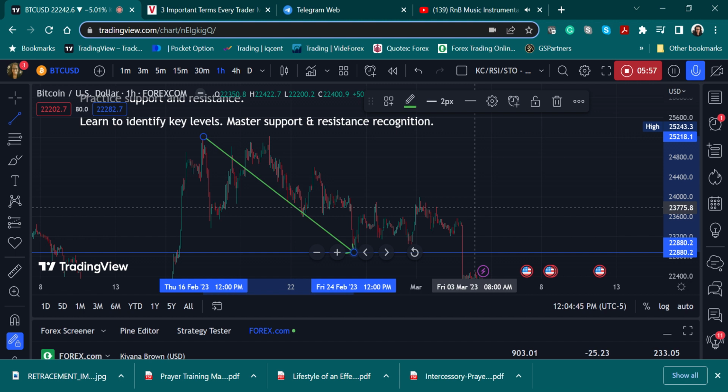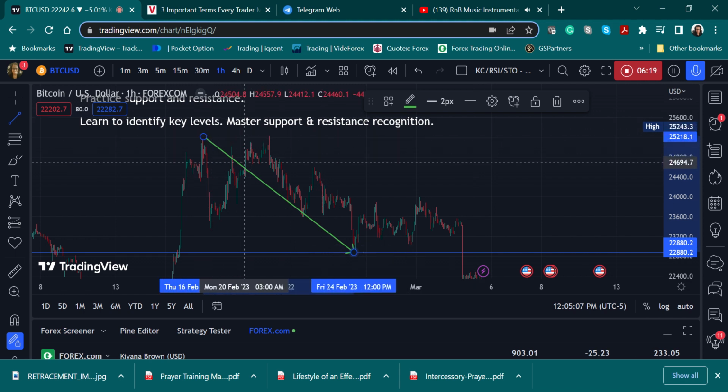That means the lower price goes, the more attractive price becomes to those waiting on the sideline to buy the asset, the shares, the cryptocurrency, or whatever financial market we're in. So as you can see, price is at its highest, and now price is declining, like I just explained.